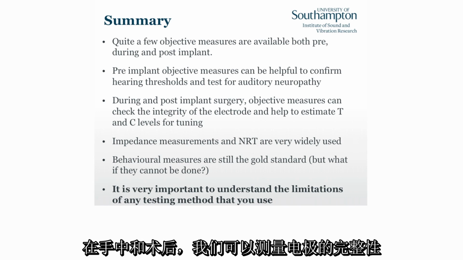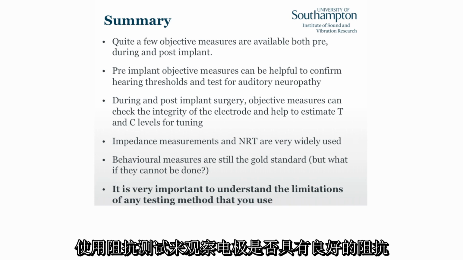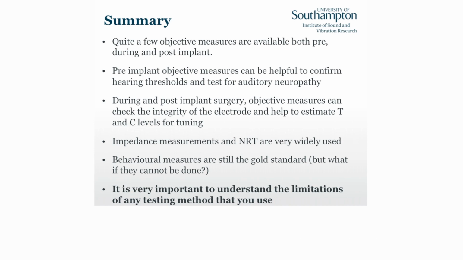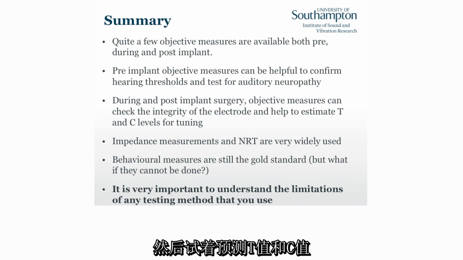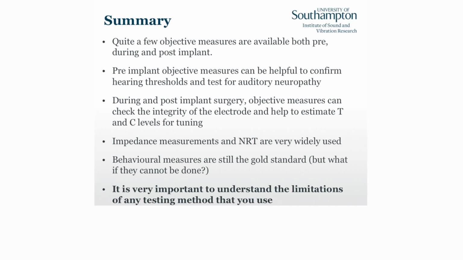During and after implant surgery, we can measure the integrity of the electrode, so the impedance measurements are used to look at whether the electrode's got a good impedance. And we can use the NRT type measures, there's neural response methods, to try and measure threshold, so try and predict T and C levels.